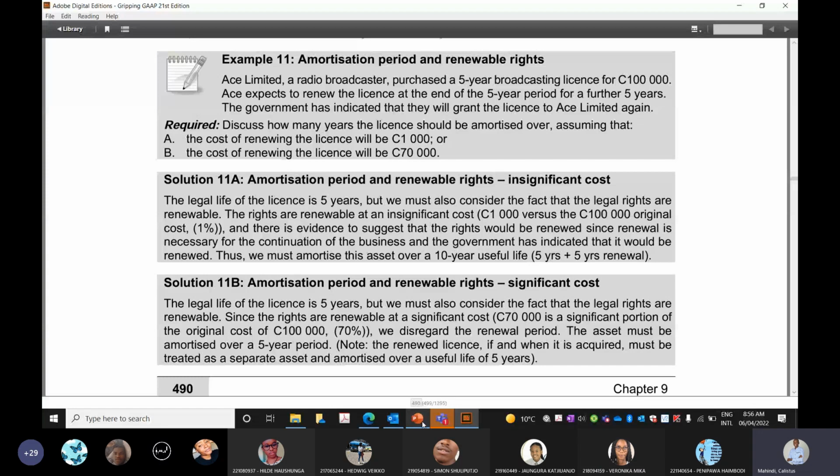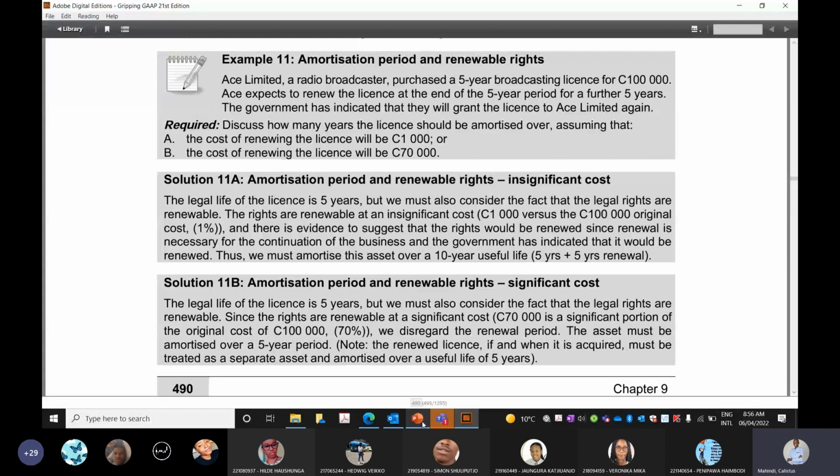Okay, so we have to go back to the definition of residual value. Residual value is the amount that you can dispose of an asset for at the end of its useful life. So we are not disposing of the asset. In fact, in this instance, we actually have to pay more for an additional 5 years. You have to pay $1,000 more, so this cannot be a residual value.